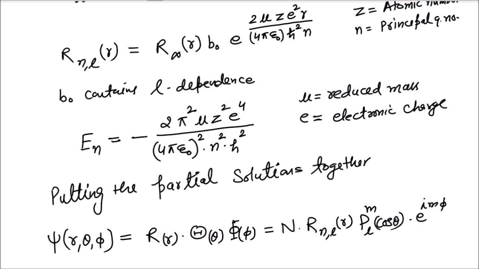N is the normalization constant. It includes the coefficients of each partial equation.